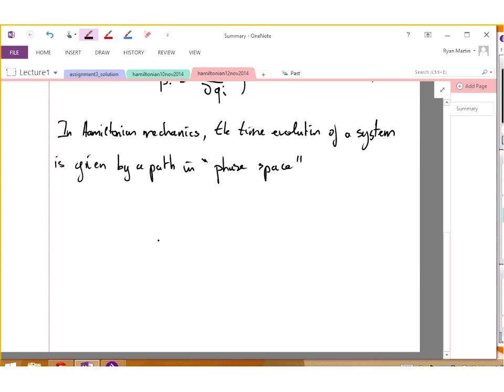And so we did one example, for example, of the simple harmonic oscillator in phase space, so a one-dimensional problem. So in phase space, you have to describe the system by specifying both its position and momentum. And we saw that for a simple harmonic oscillator, the path is closed and it's an ellipse.